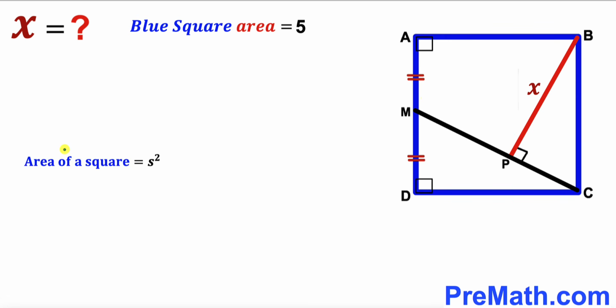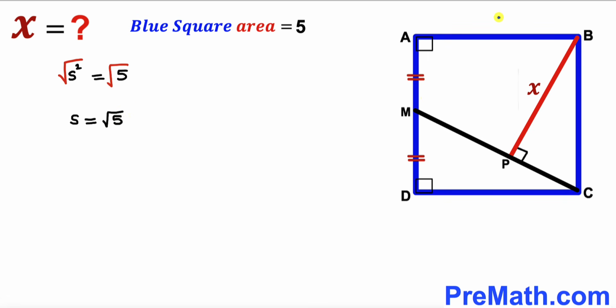Let's recall the area of a square formula. Area is always equal to s squared, where s represents the side length of the square. Our square area is 5, so we can write s squared equals 5. We undo the square by taking the square root on both sides, so the side length s turns out to be square root of 5 units.